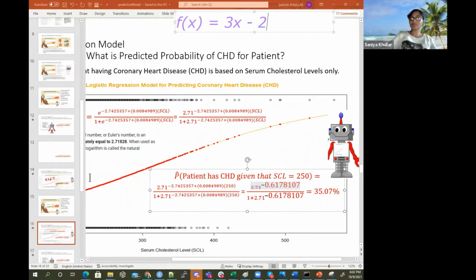The values are between 0 and 1. So for you to get values between 0 and 1, it has to look something like this, where whatever the numerator is, the denominator is 1 plus that number. So it'll be between 0 and 1 that way, because the probability is between 0 and 1.